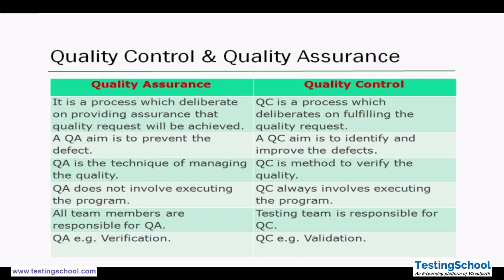QA does not involve executing the program, but QC always involves executing the program. All team members are responsible for QA, but only the testing team is responsible for QC. So we can say QA is the verification and QC is the validation part.